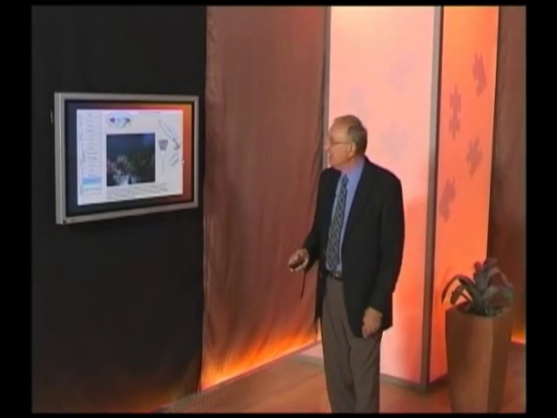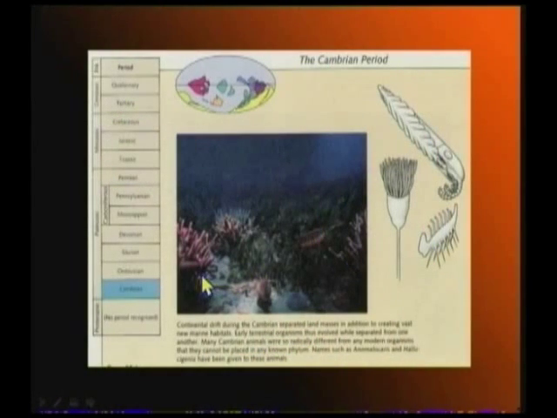Now, if we look at the fossil record and we go to the bottom layers, we have the Cambrian right at the bottom, and this Cambrian is supposed to be the time period when the first macro fossils, or the first macro life forms, evolved on this planet.